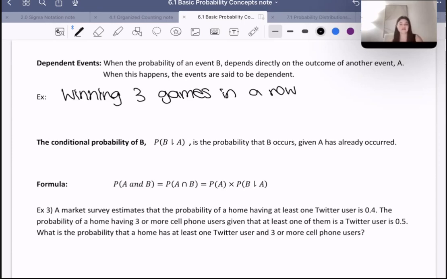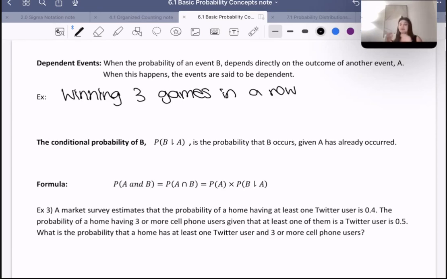Or for example, let's say we're rolling 2 dice, and I ask, what's the probability that I will roll an 8 overall if we add up the numbers, given that my first die was 4? Well, if my first die was 4, then we know that we need to get another 4 in order to get 8 total. So the answer would be 1 in 6, since there's a 1 in 6 chance of that 4. Whereas if I ask, what's the probability of rolling a sum of 8 when we roll 2 dice, given that the first die was 1?